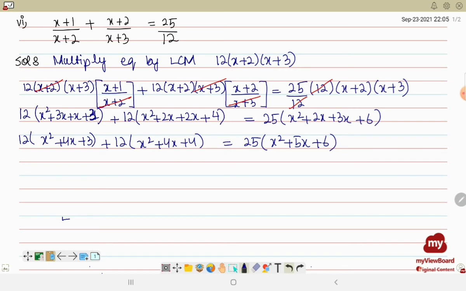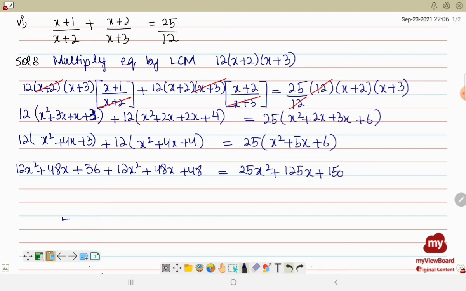Now we are supposed to multiply this 12 and this 25 with the brackets, so we remove the brackets now. It will become 12x square, 48x, and 12 times 3 is 36. Again here 12x square, 12 times 4 is 48x, again 48. And on the right hand side 25x square plus 125x and plus 150.